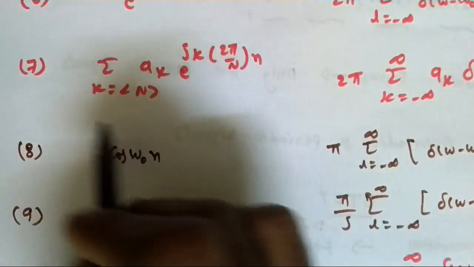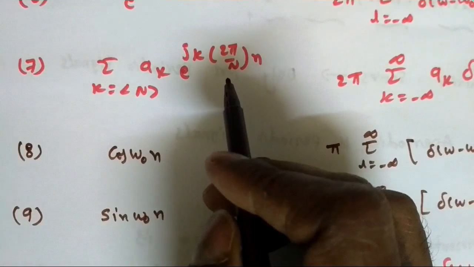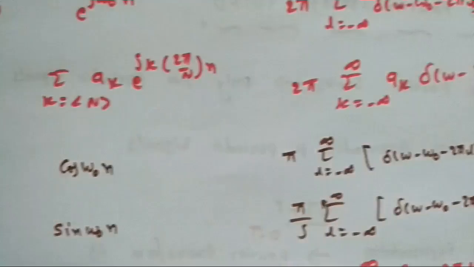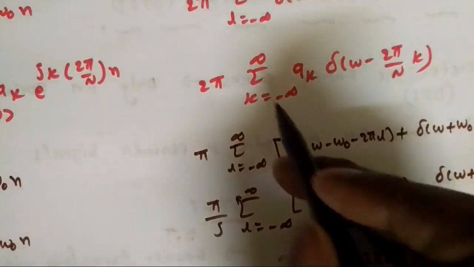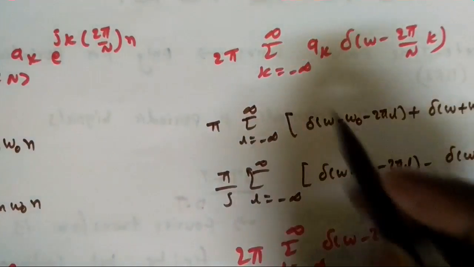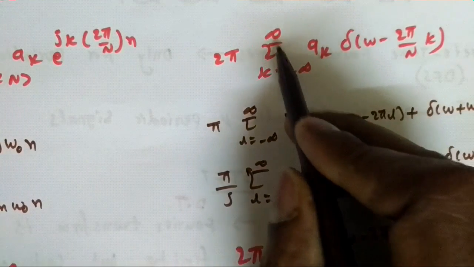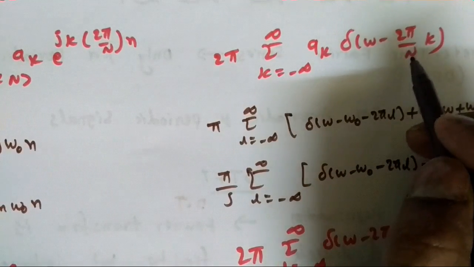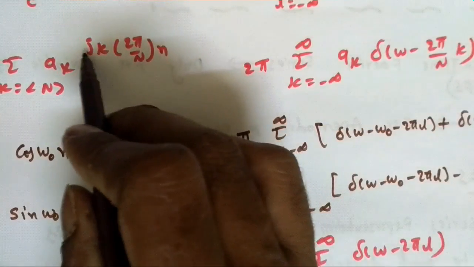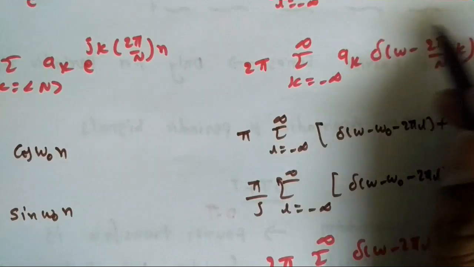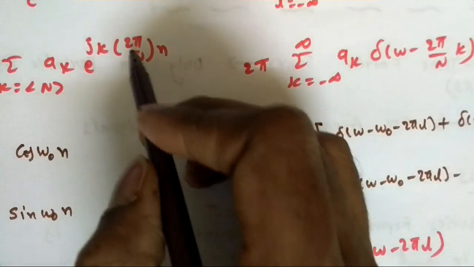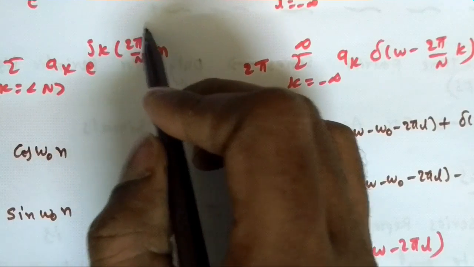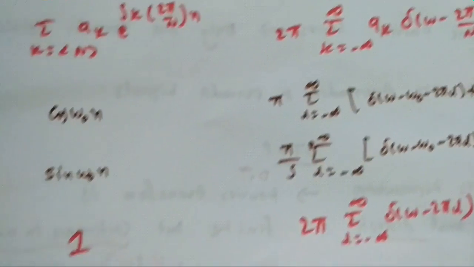This is also a periodic signal, with harmonically related frequencies. We get the Fourier transform in terms of Fourier series coefficients, that is 2π sum over k from minus infinity to infinity of a_k δ(ω minus (2π/N)k). Sometimes this 2π/N will be replaced by ω0 also.